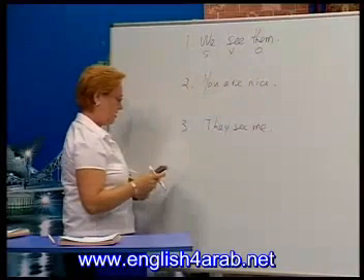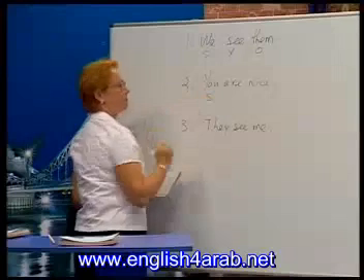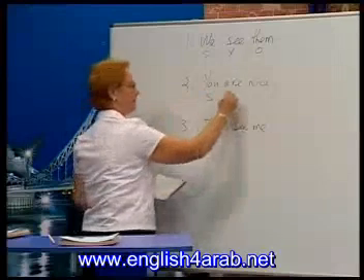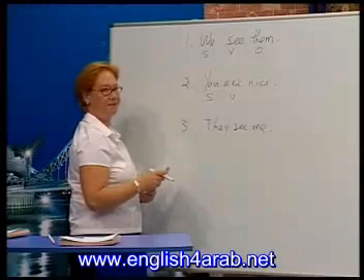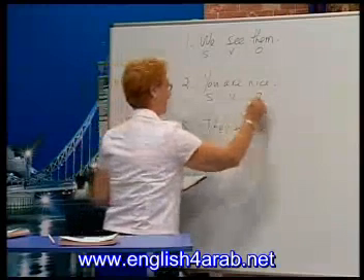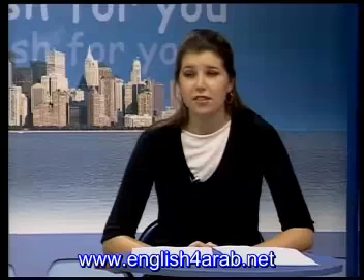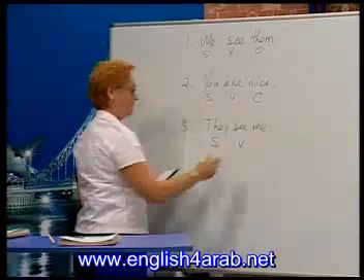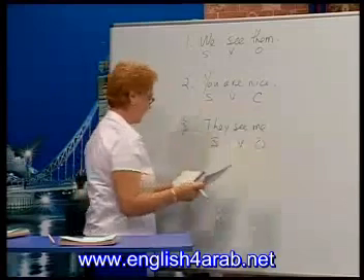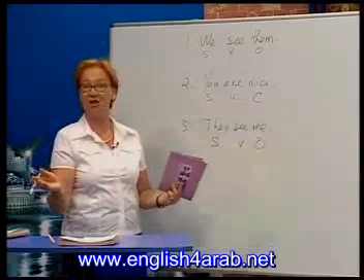Okay. Now, Ali. You is the subject. Are is the verb. Nice is the object. No, the complement. Yes, good. All right, Isabel. They is the subject. See is the verb. And me is the object. Yes, very good.